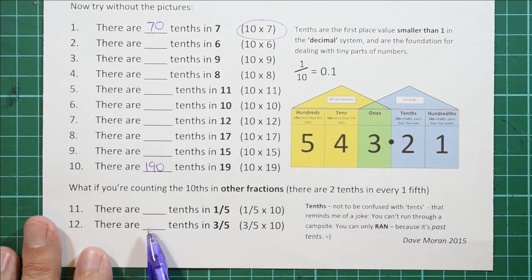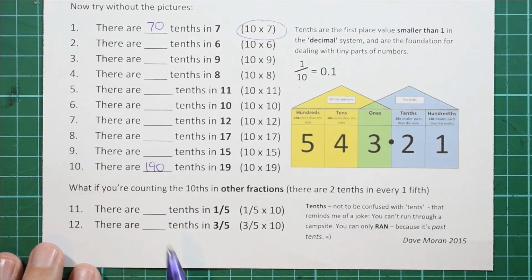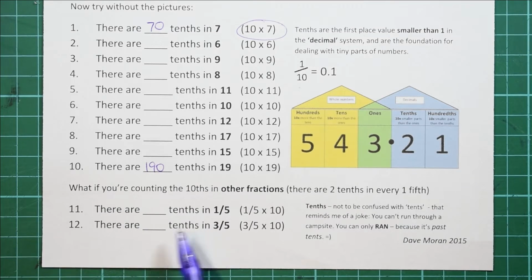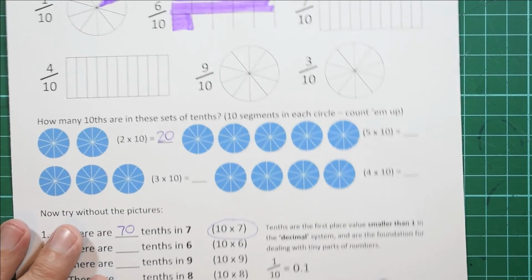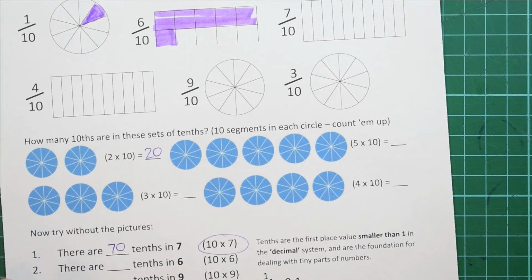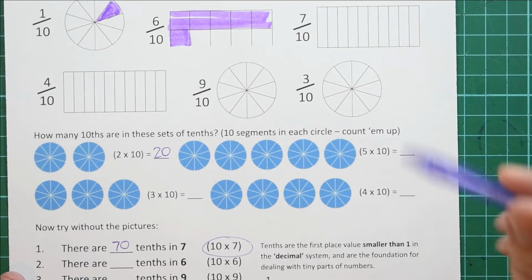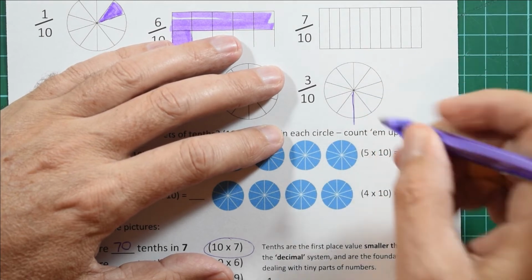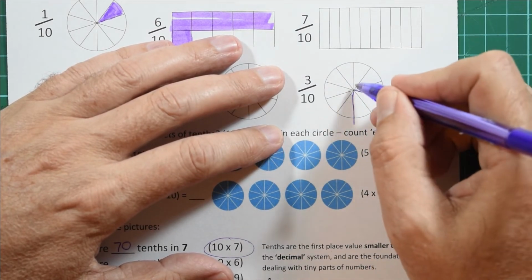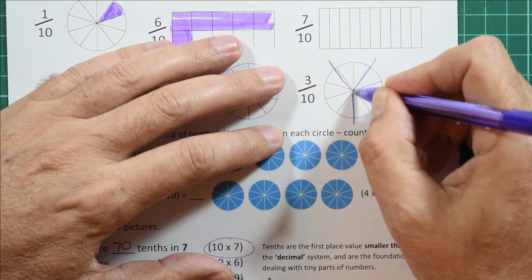What if we're talking about less than 1 to start with? Say the question is something like, there are how many tenths in 1/5? Well, that's a little bit more of a challenge to figure out. But say we took this circle here, which we haven't played with yet, and we split that into fifths instead of tenths.